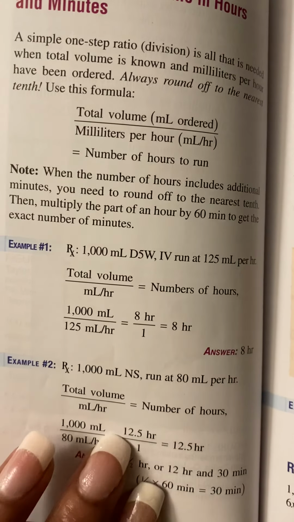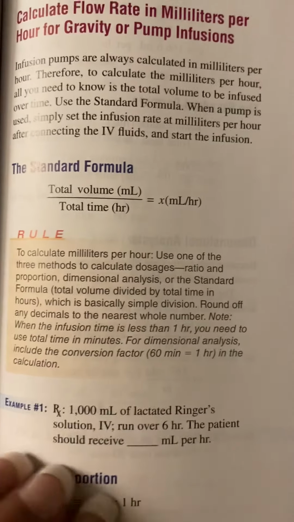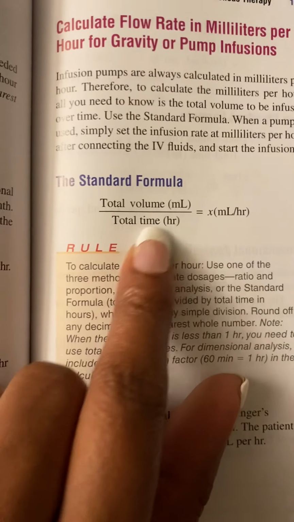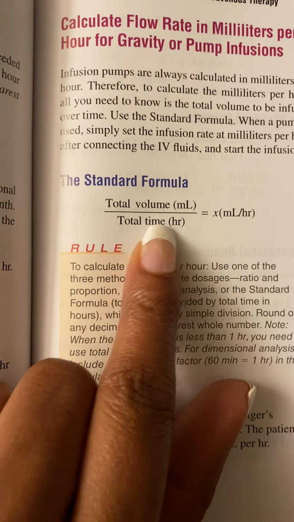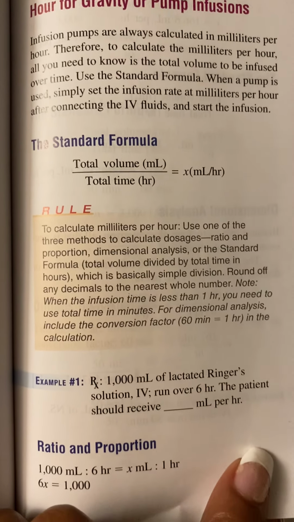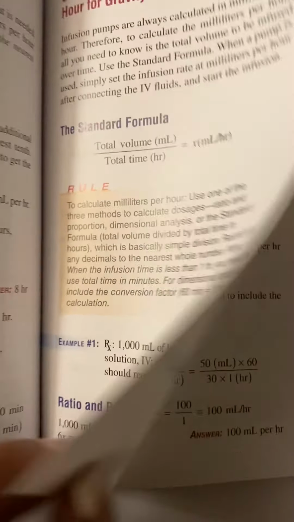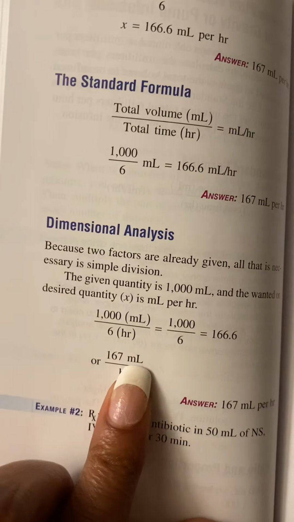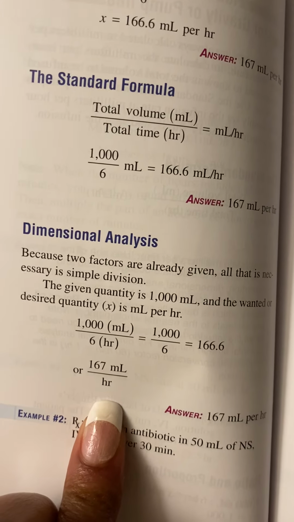So they have various examples in your book, which is called the standard formula, which is you just dividing the total volume divided by the total time, which is going to give you the milliliters per hour. Okay, this is using the standard rule, dimensional analysis.